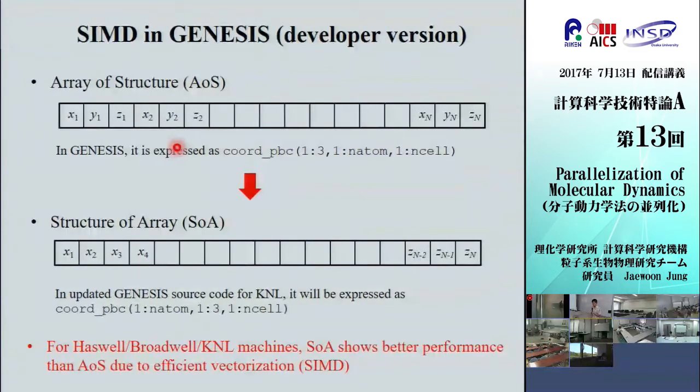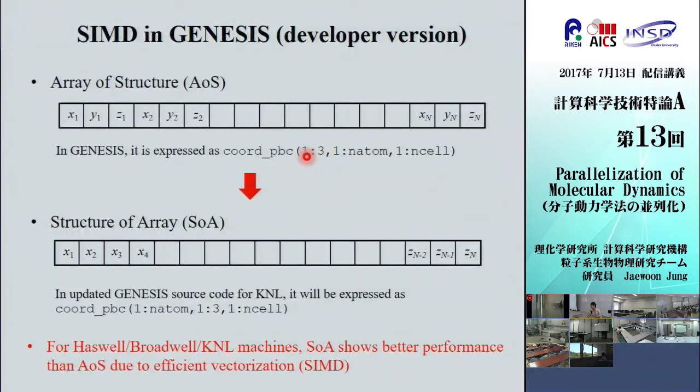In the GENESIS code also we have this kind of structure. But if we change this array structure to all x coordinates, all y coordinates, and all z coordinates, then you can increase the SIMD on Intel machines. In the Fortran case, you can simply change this array to this one.